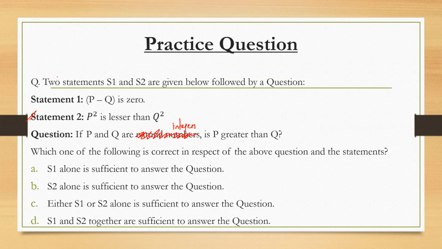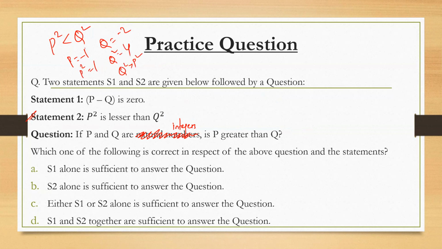Okay. So exactly, it will not answer your question when we are talking about integers. The reason is because when we talk about integers, there can be negative integers also, which will satisfy the condition. For example, if P is -1, Q is -2. In this case, Q squared becomes 4, P squared becomes 1. Here again, Q squared is greater than P squared.